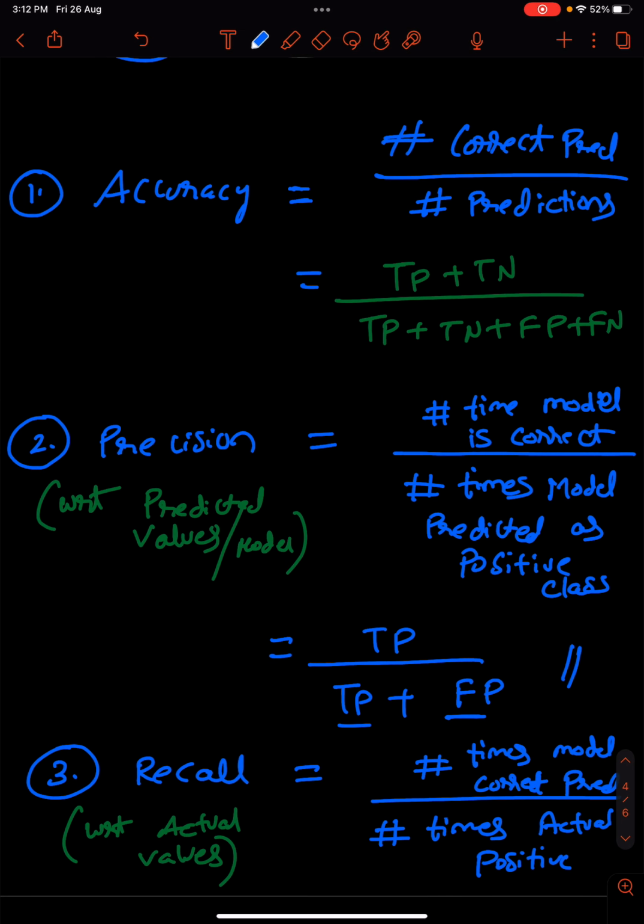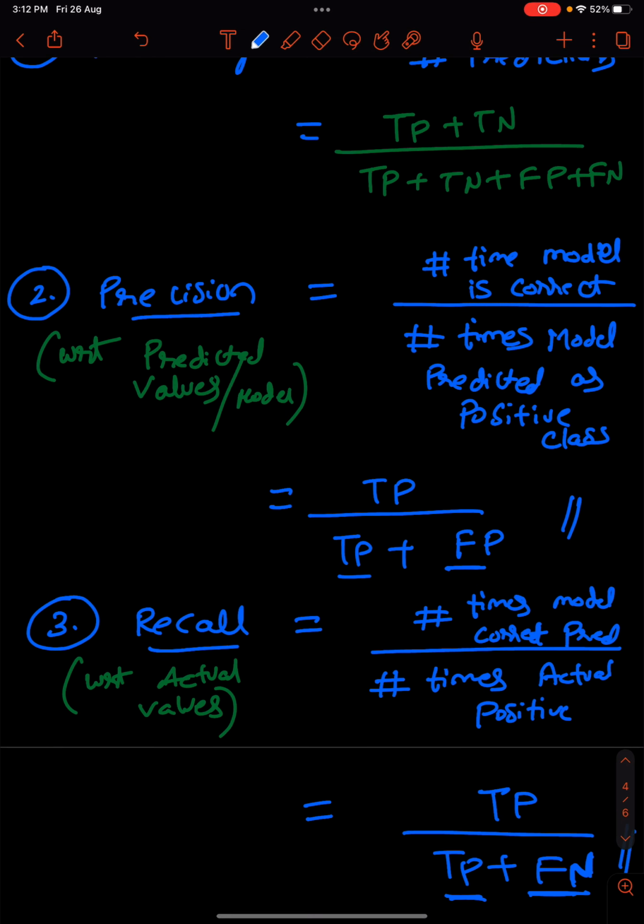Okay, and the precision and the recall, as we have discussed in this formula, it is nothing but the total number of times the model predicted the positive class in the denominator. Out of these, how many times was the model correct? And why did I mention only the positive class? Is it only for the positive class that I calculate precision? No, we can do it for the negative class also.